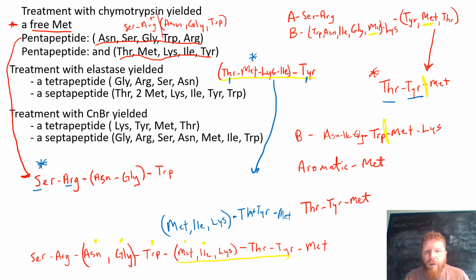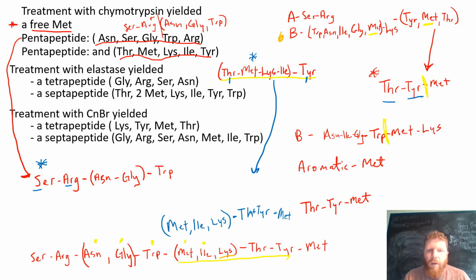And at the very end, we have our lysine. I'm going to switch to a different color here, because here is our lysine. So of our so-called B peptide, we have a tryptophan, an asparagine, isoleucine, glycine, methionine, and at the end, a lysine.